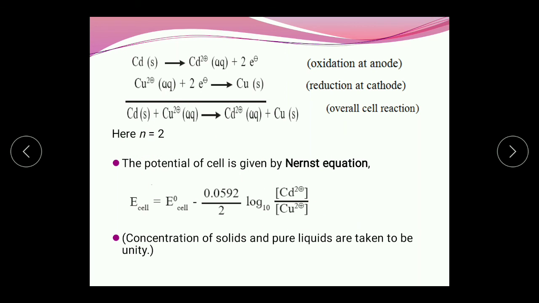Hence, this is the Nernst equation for this cell, whose notation we have written. So this is the formula for calculation of cell potential if the concentrations are not in standard state. So this is the Nernst equation.